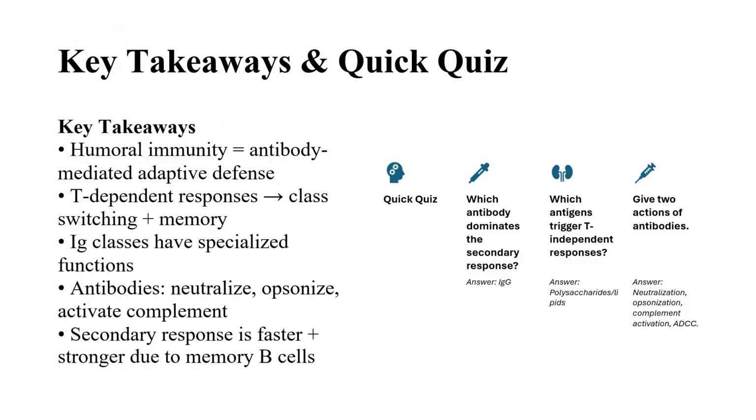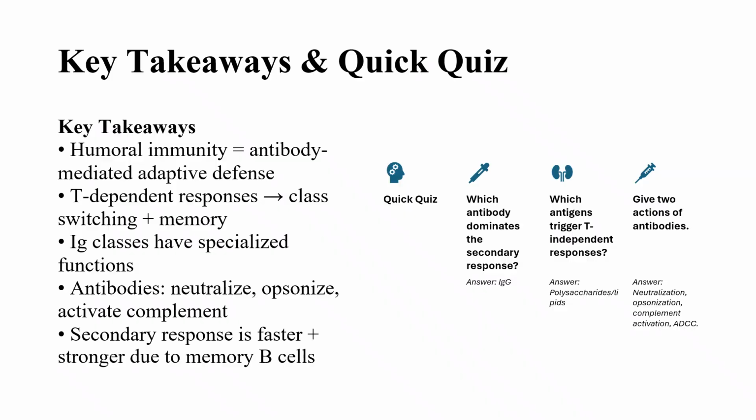The key takeaways from this tutorial. Humoral immunity is the arm that produces antibodies. Those antibodies circulate like storytellers, past encounters, turning recognition into protection. A key distinction to hold on to is the difference between the T-dependent and the T-independent responses.